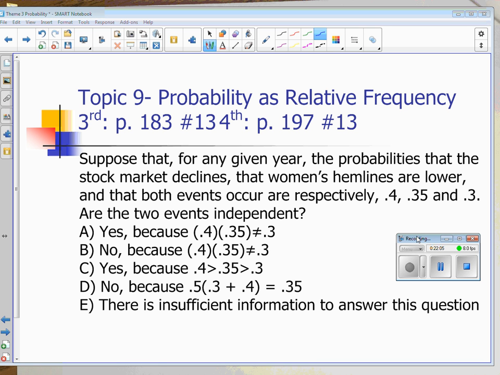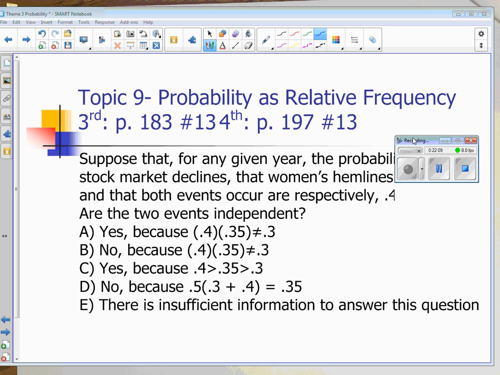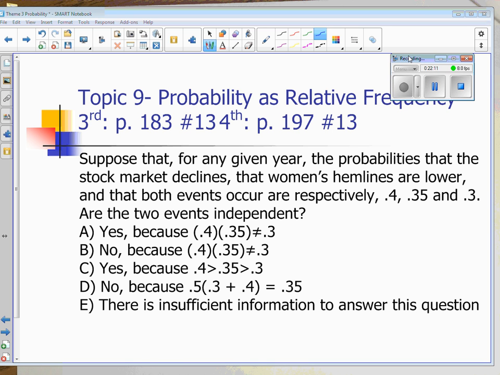Let's write down what we know here. It says that 0.4 is the probability of a stock market decline. The probability that the hemlines are lower is 0.35, and that both events happen is 0.3.